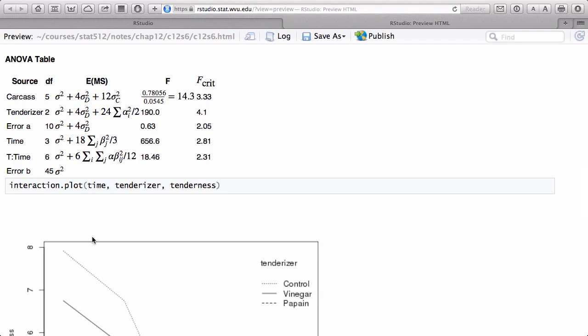That is, it's the carcass, in this case by tenderizer. Carcass is the C, and tenderizer is the A. So it's really the AC interaction. So what's out in front is what's not in the subscript, which is the 4 for the 4 times. In other words, that represents the 4 levels of time, which is not in the subscript.